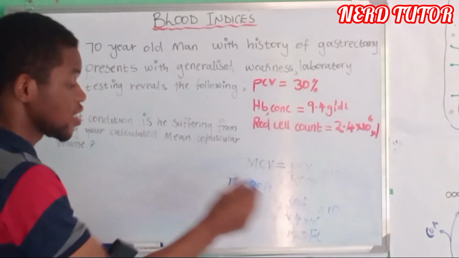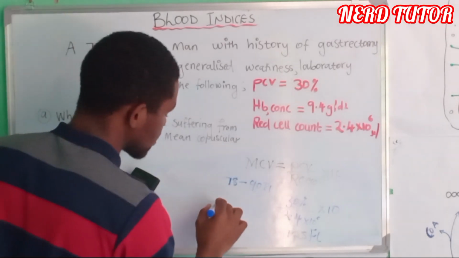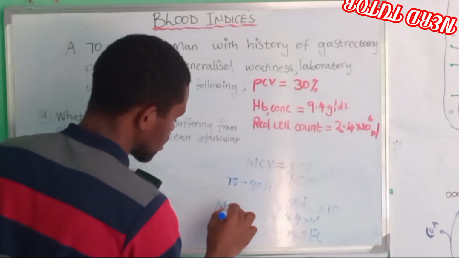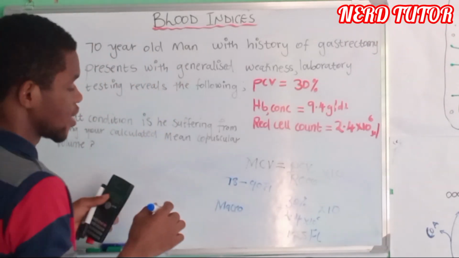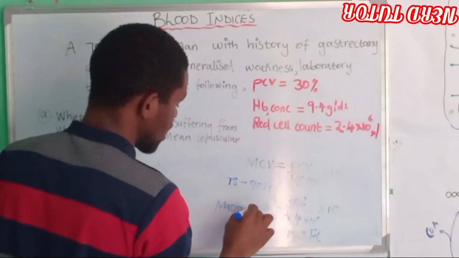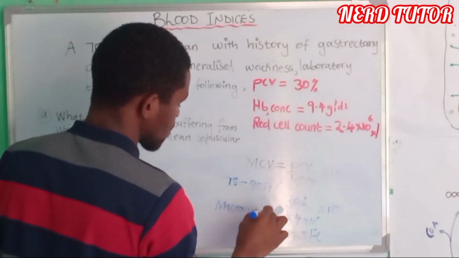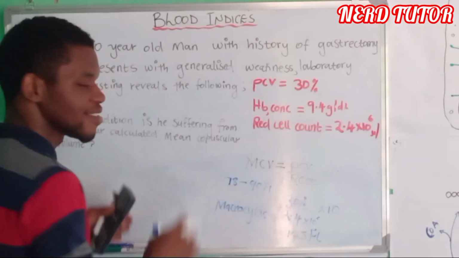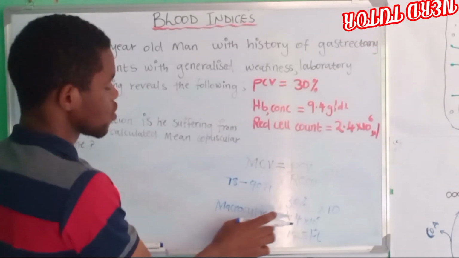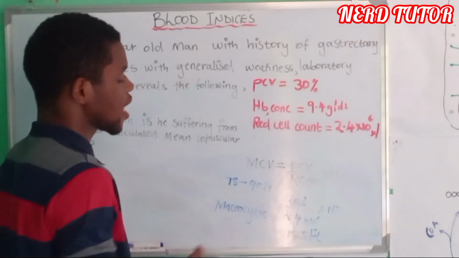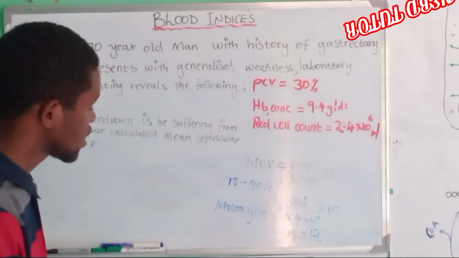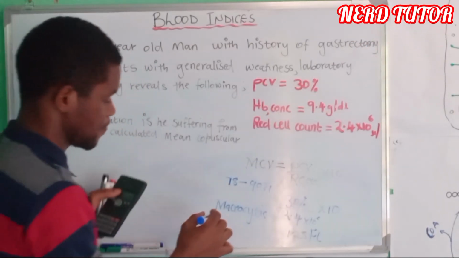This is termed macrocytic. Macro means they are big, and cytic refers to their size, so they are big-sized cells. This is macrocytic anemia, or pernicious anemia.